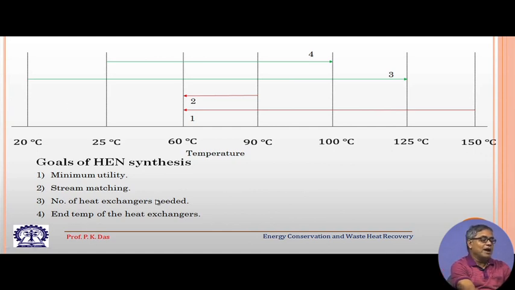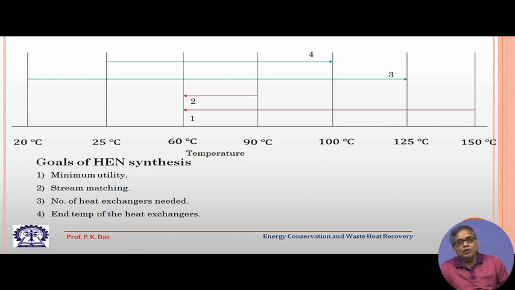Then we have to see which stream should be matched with which other stream, because that will give us the total heat exchanger network. So, that also we have to find out, that for getting the minimum utility what kind of stream matching we should go for, and then the number of heat exchangers needed. That also we should get from the heat exchanger network synthesis, and the end temperatures of the heat exchangers.